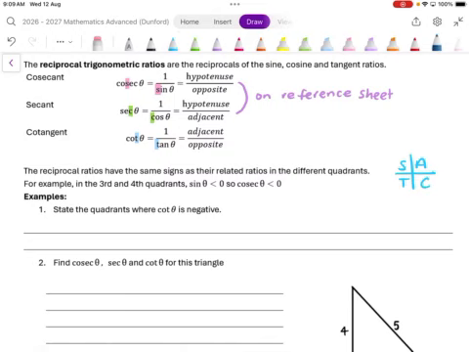So our first example here, we want to state the quadrants where cot theta is negative. So we're going to look at our ASTC and we want where cot is negative. So cot theta is negative where tan is negative.